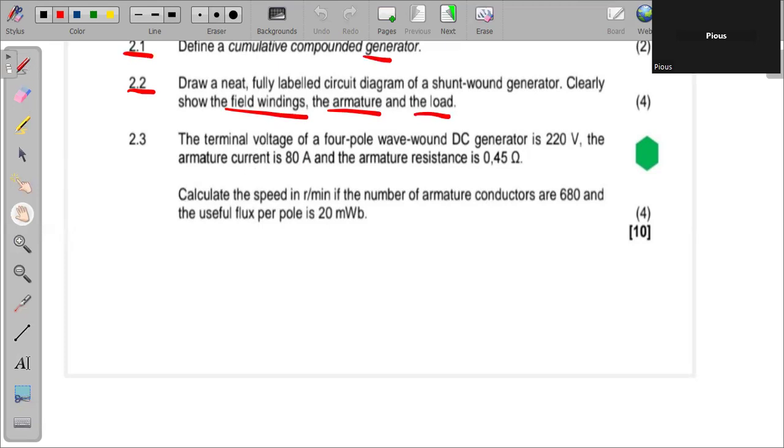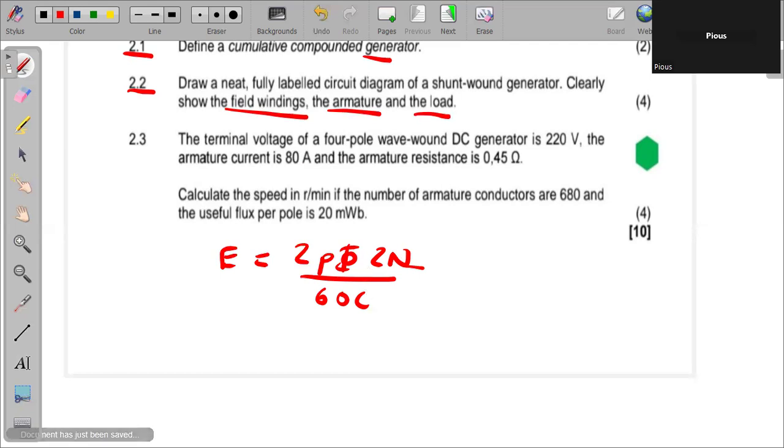So we have to use the generator equation, E equals 2p phi Zn over 60 times C, where E is the generated EMF, P is the pair of poles, phi is the flux, Z is the number of conductors, and n is the speed. So that's the formula we are supposed to use.